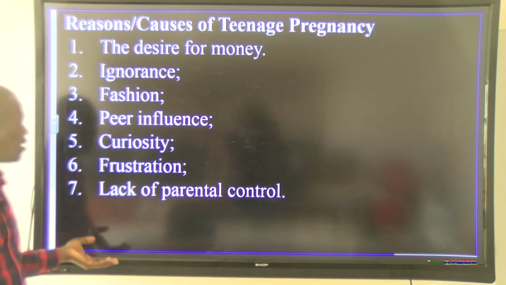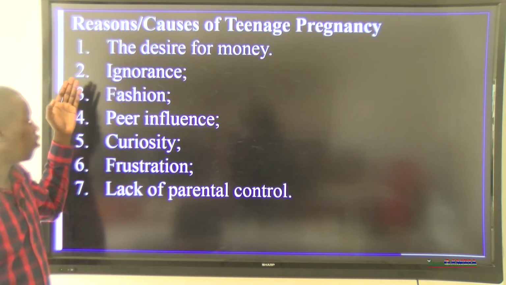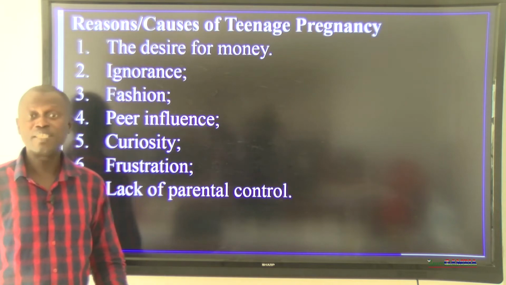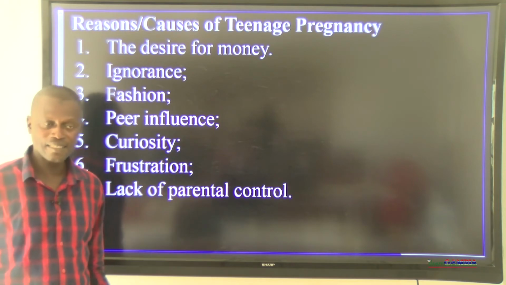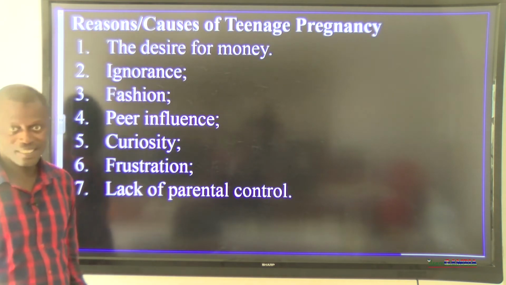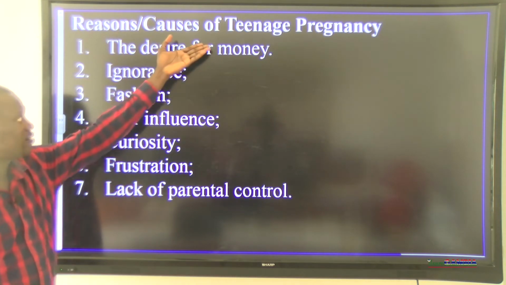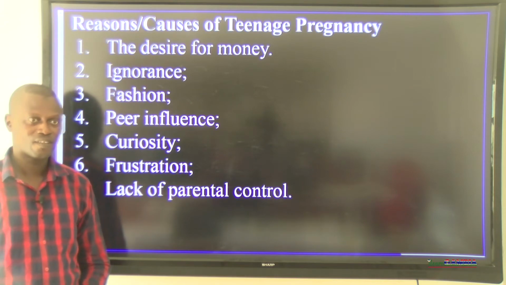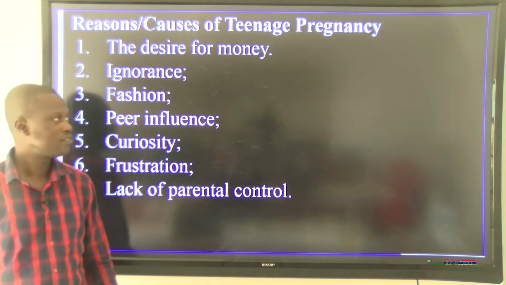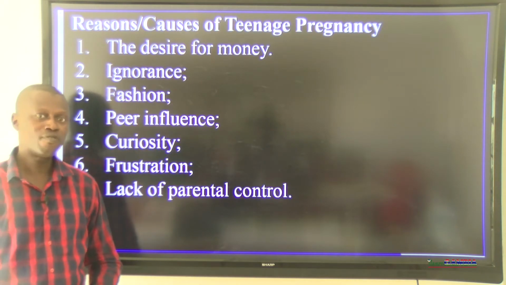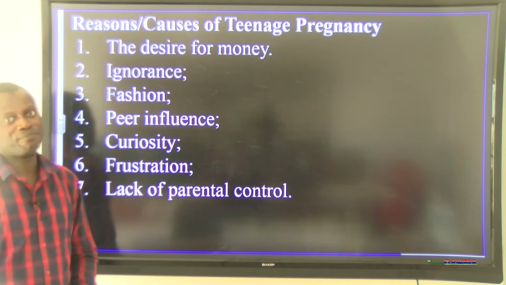As a school-going girl or a young girl, even not going to school, if you always need money besides the money given to you by parents, guardians, family members, or well-wishers, obviously you may be involved in this bad practice, and you may end up seeing yourself in this problem.